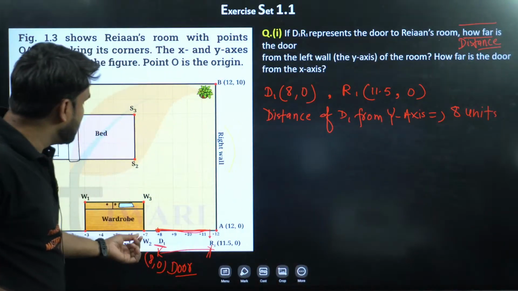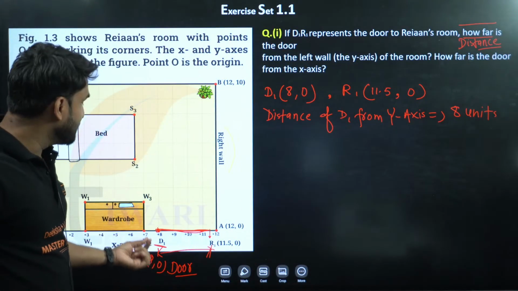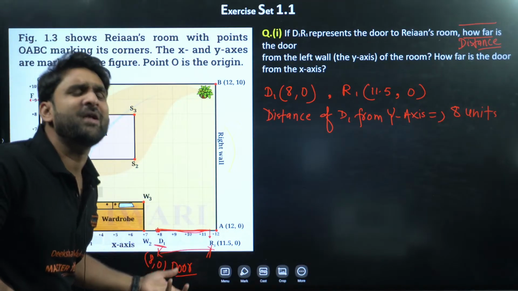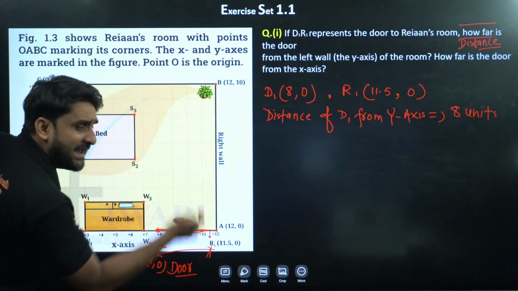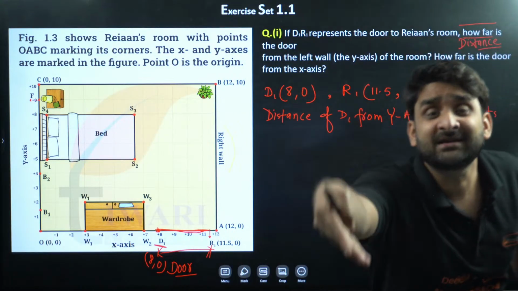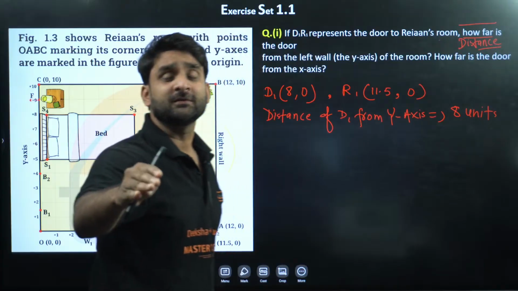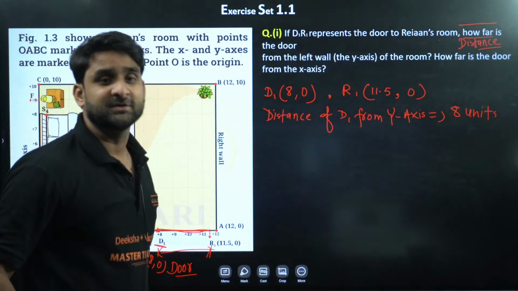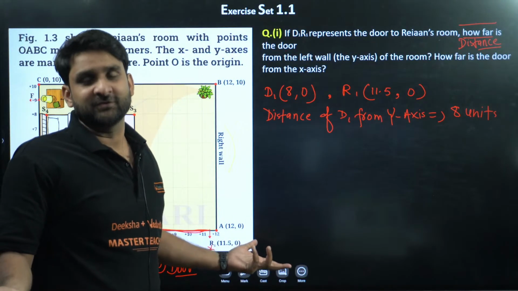Now what will be the distance of the door from the x-axis? Come on yaar, the door is itself lying on the x-axis. If the door is itself lying on the x-axis, there will be no distance from the x-axis.